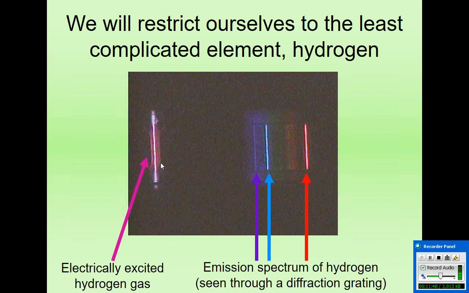But if you pass that light through a diffraction grating, you will see very characteristic and well-separated wavelengths. There's a red wavelength, there's a blue wavelength, and you can see a faint violet wavelength. There are actually two there. These are always emitted by electrically excited hydrogen atoms. It's always the same, and just completely baffles Maxwell's theory.